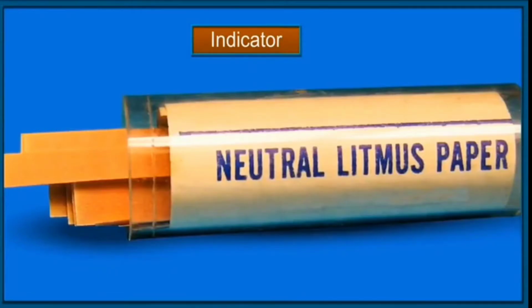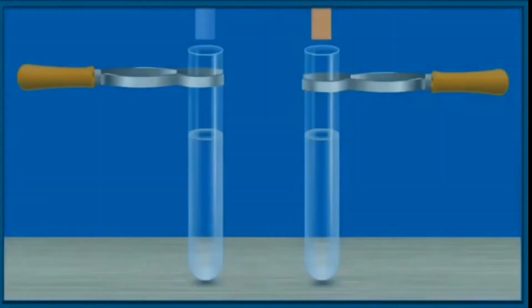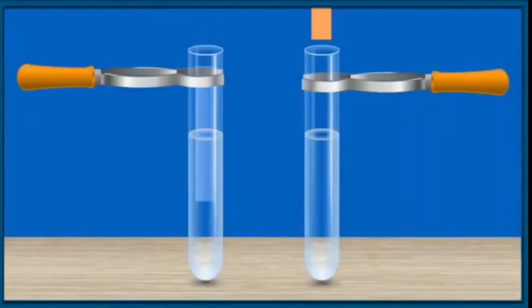Now let us try to check this with the help of an indicator. Let us take litmus paper and see what happens. Does the color change? We are taking both blue and red litmus to check whether the color changes or not. And what you can see here is that the color doesn't change.